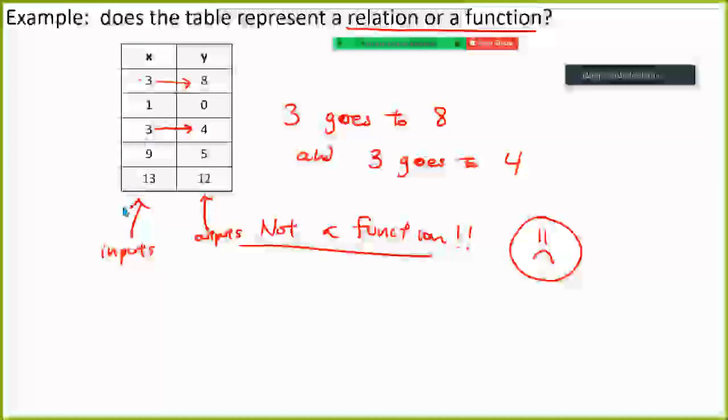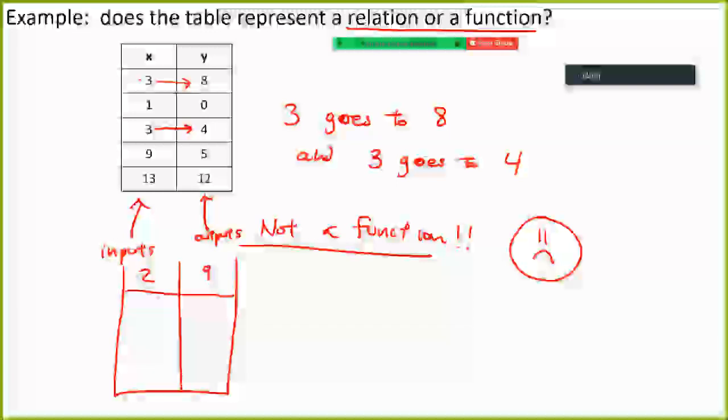Now, the reason I'm saying basically yes and not for sure 100% yes is, what if they had been kind of tricky and done this to us and said, here's the rest of our table below, for example. Let's say we had this. 2 goes to 9, and then 2 goes to 9. So this is a little redundant and silly, but it's a case where we have repeated inputs, 2 and 2. But the output is still unique. It's the same value, 9 and 9. So it's a little silly, you might think, to show it twice, and I would agree.